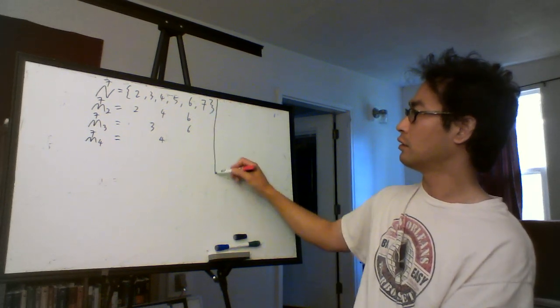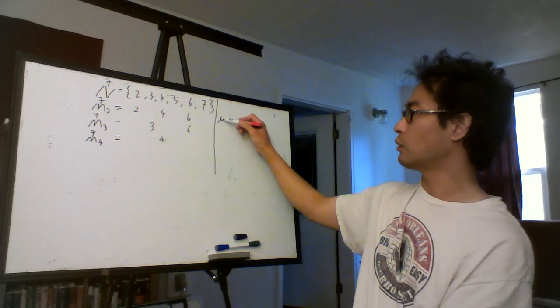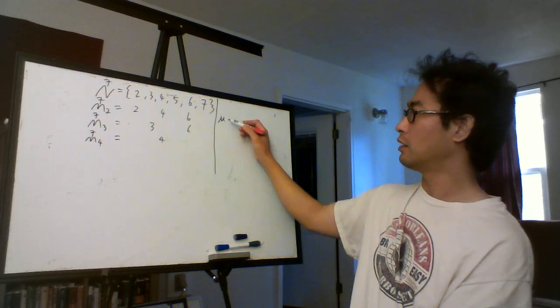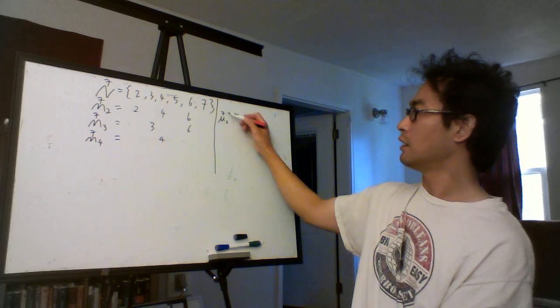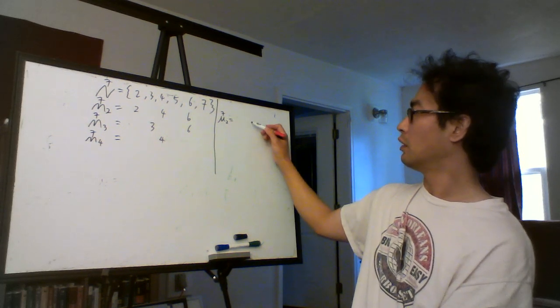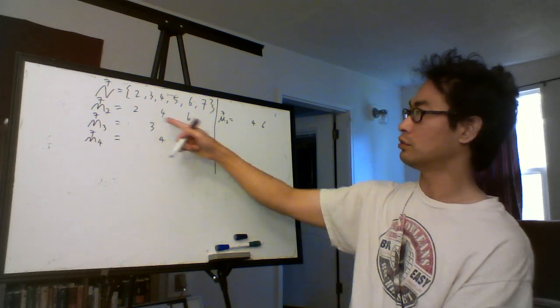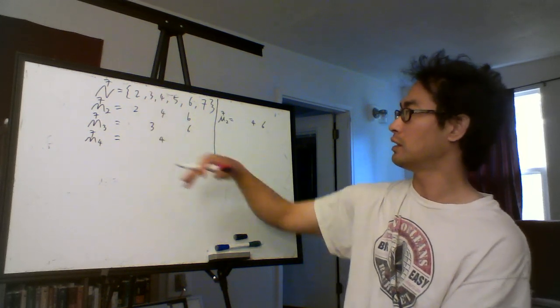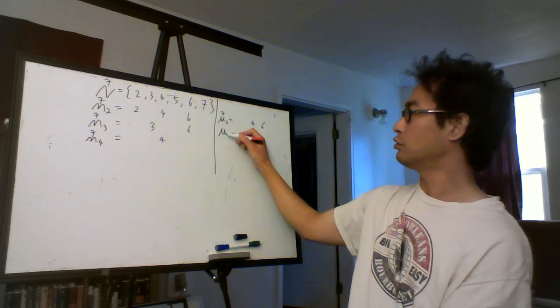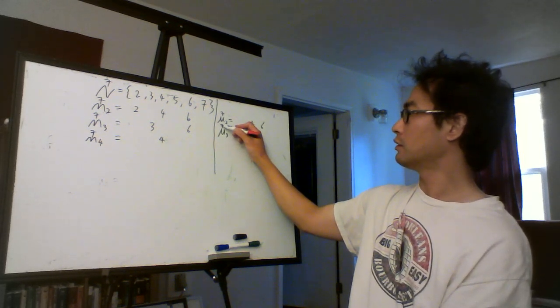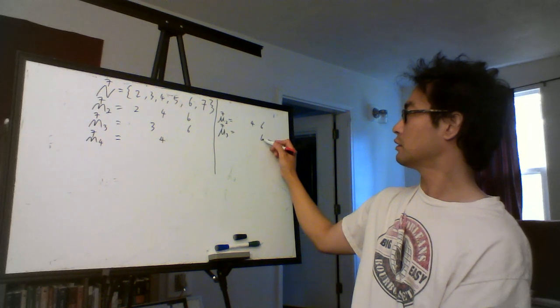Now the mu set, that's why we call this mu algebra, is a proper set. So mu 2 top 7 is equal to 4 and 6, because you get rid of the beginning element, the 2. Now mu 3 top 7 is equal to 6.